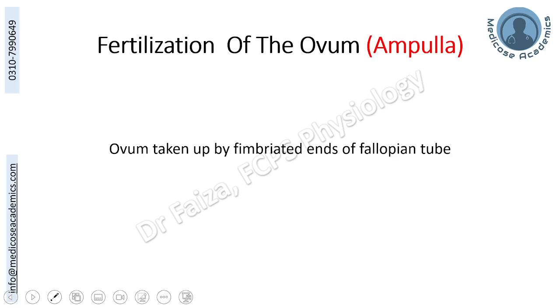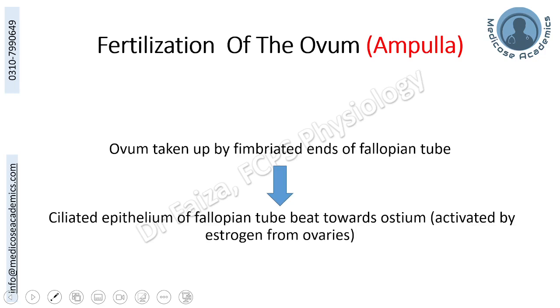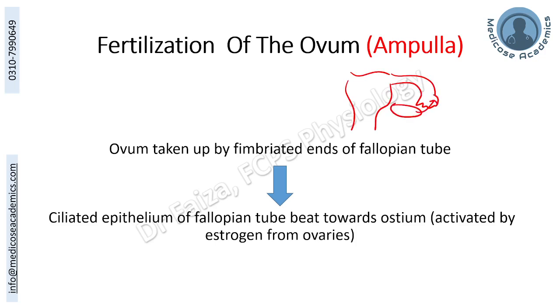Fertilization of the ovum occurs in the female reproductive tract. As you know that ovum after ovulation from the ovary is taken up by the fallopian tube. Here the ciliated epithelium of fallopian tube beat it towards the ostium. Let me make it up for you, as this is, let's suppose, uterus, and these are the fallopian tubes, and here are the ovaries from where the fimbriated end of the fallopian tubes took up the ovary after ovulation.